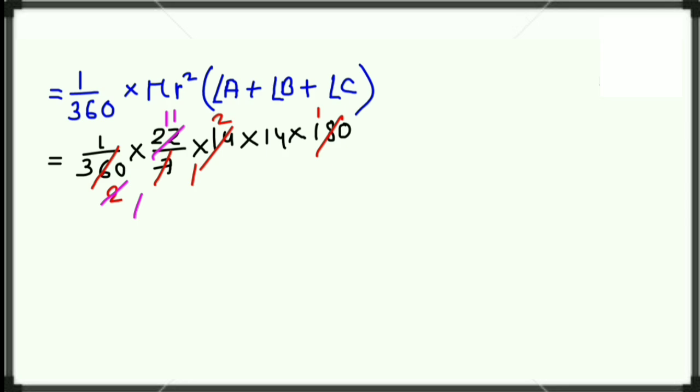Now here remains only 11 2s are 22 into 14. Now after multiplying these two, 14 2s are 28 and 14 2s are 28 and 2 30. So final answer is 308 meter square.